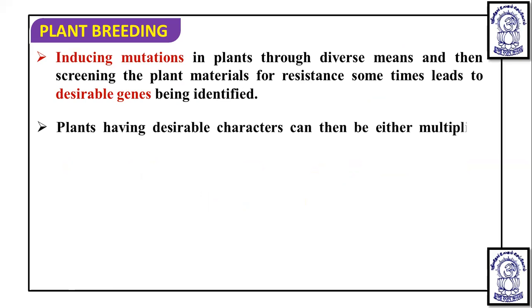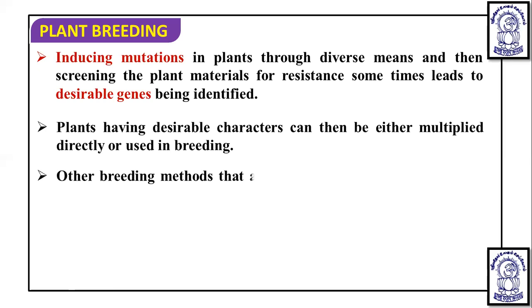Plants having desirable characters can then be either multiplied directly, meaning whatever offspring we get through the induced mutation, or used in breeding.